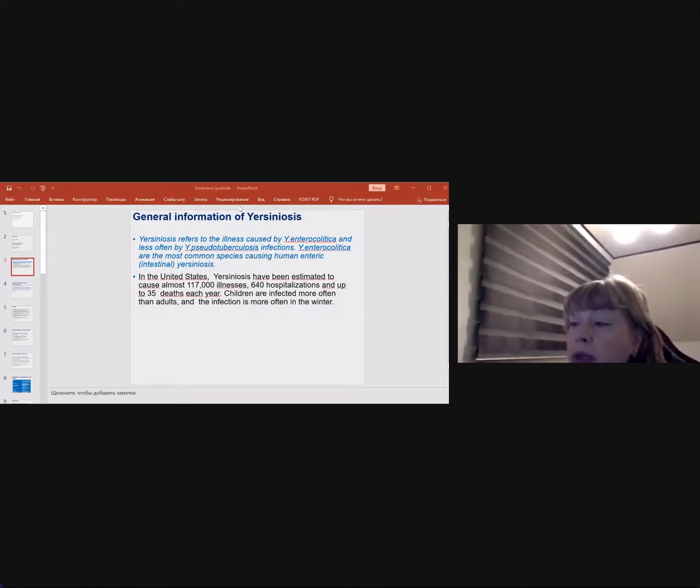There are two possible explanations for this apparent regional predominance. The first reason: more widespread appreciation by clinicians and microbiologists in this part of the world. And what's the conclusion? Good diagnostics. The next: more frequent exposure to environmental sources, particularly pork products.